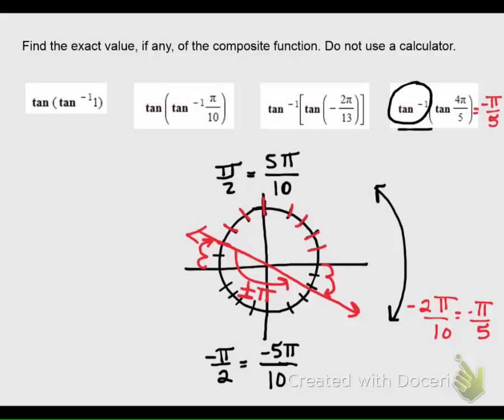Or the other thing you could have done was take your 4 pi over 5 and then subtract pi. If you do 4 pi over 5 minus pi, that'll take you over here to the negative pi over 5 that you needed to be at. So either way, just add or subtract pi or just count your tick marks.